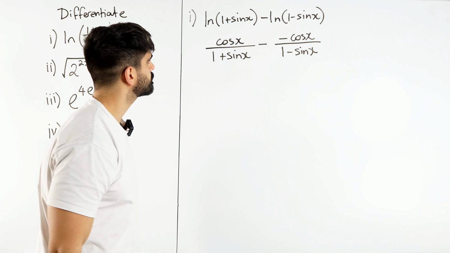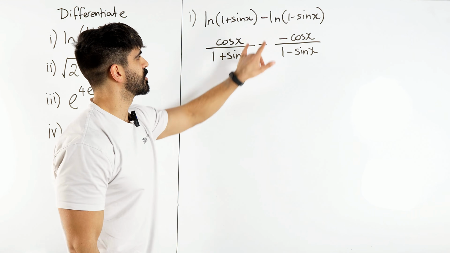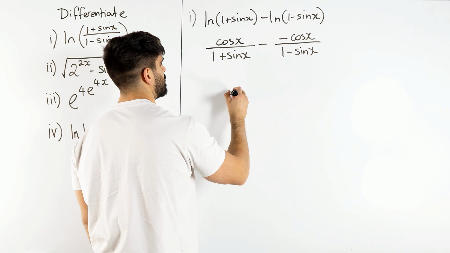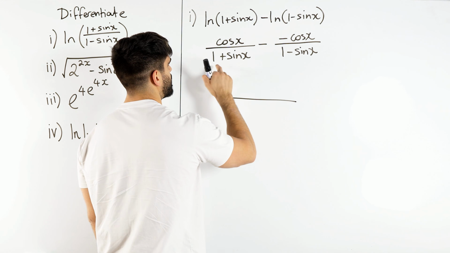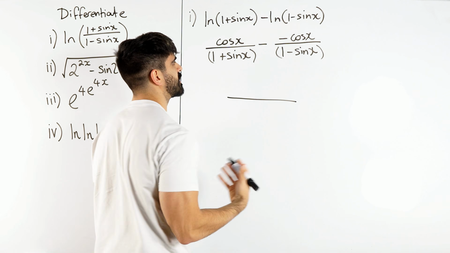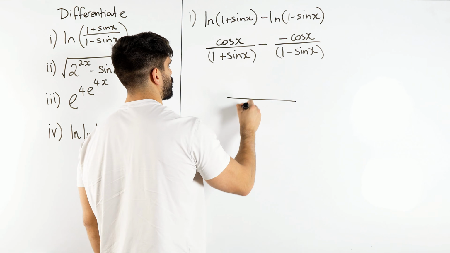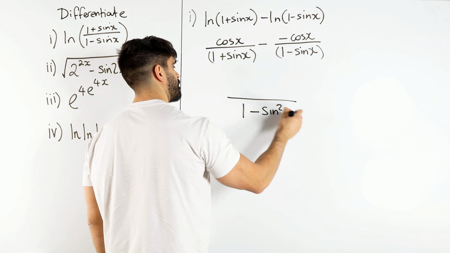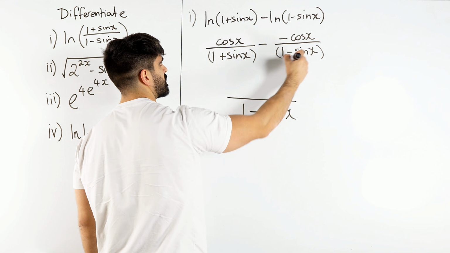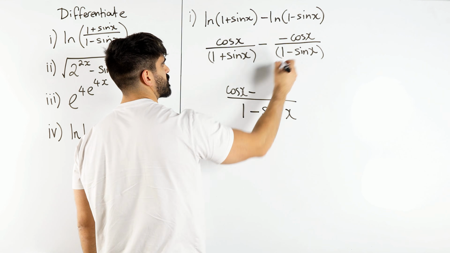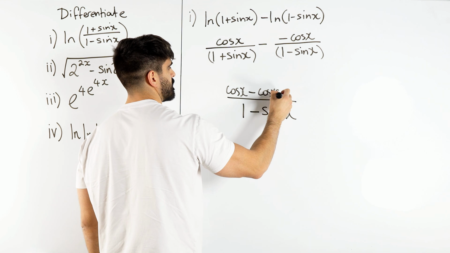Okay? Now we just need to clean this up. The double negative becomes plus. Then we can cross multiply and bring this together. Because on the denominator, these two multiplied together is just difference of two squares. We get 1 times 1 is 1, minus sine times sine is sine squared. Then we get cos times this, so we get cos times 1 is cos x, minus cos times sine x.